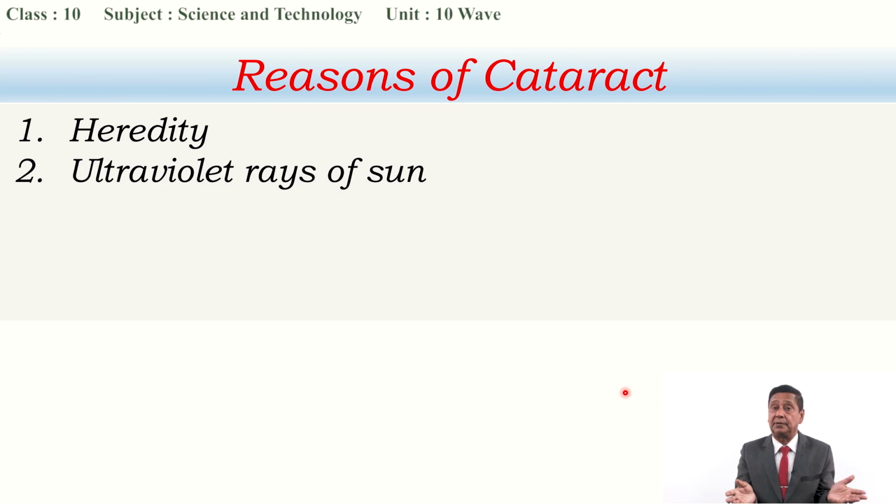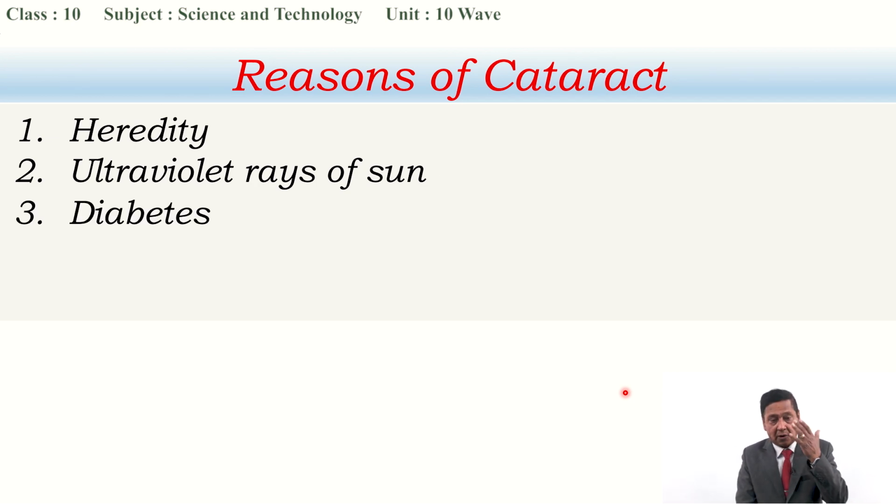And if a person walks or is exposed to solar radiation for a long time, throughout his life, then ultraviolet rays coming from the sun harm the convex lens of the eye, and cataract can occur. Okay, diabetes. This is another reason. Diabetes also enhances cataract.